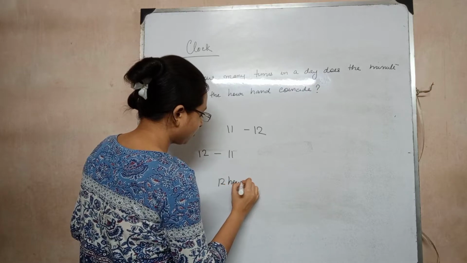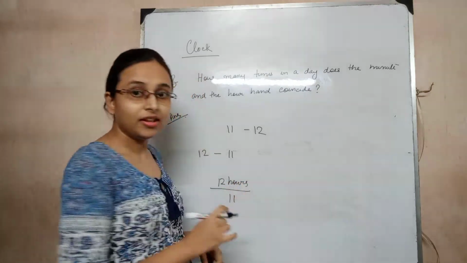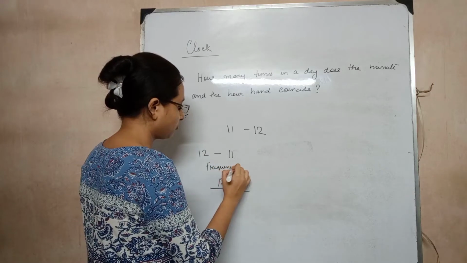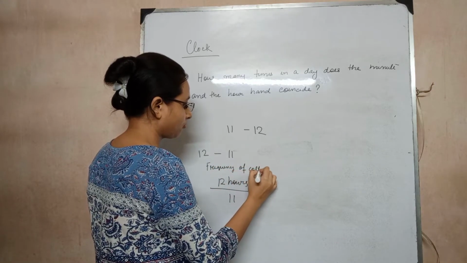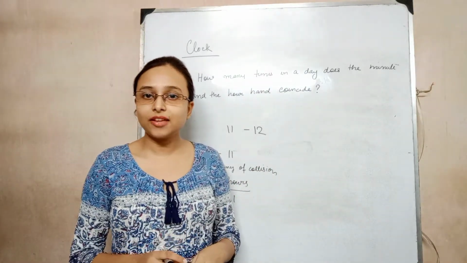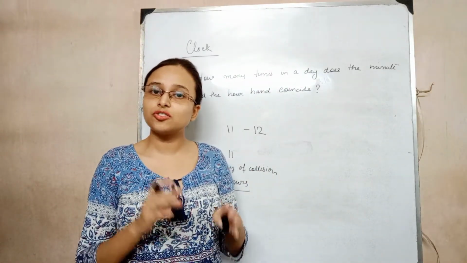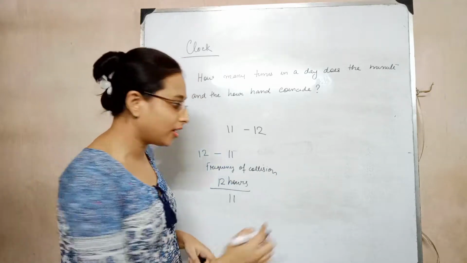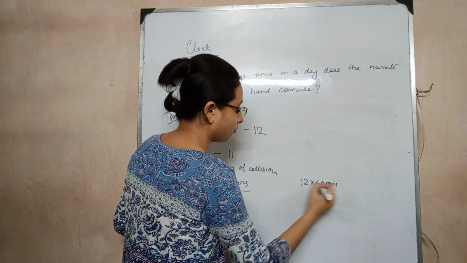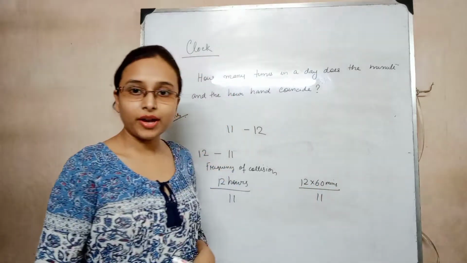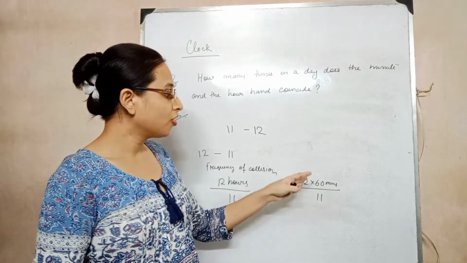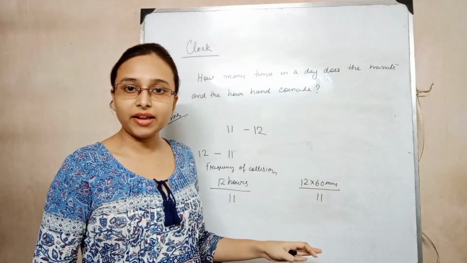Converting 12 hours into minutes, the frequency of collision is 12 into 60 minutes divided by 11.